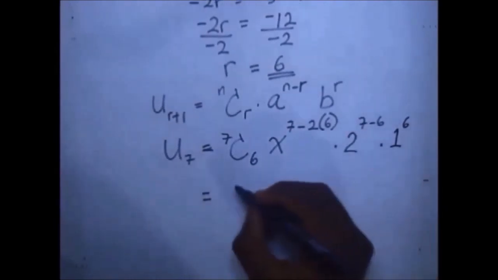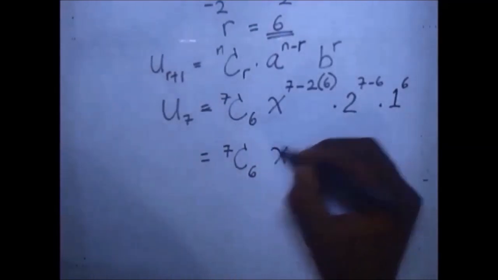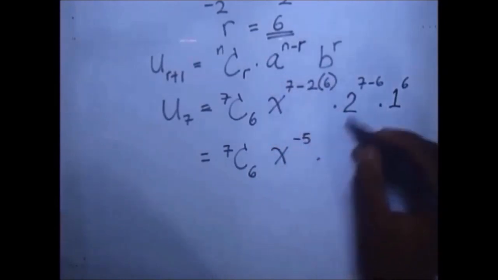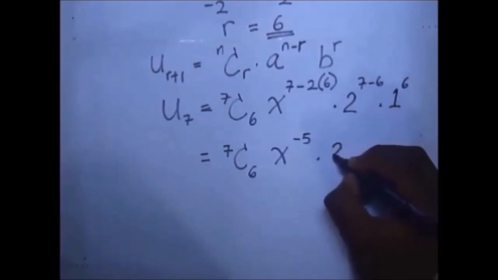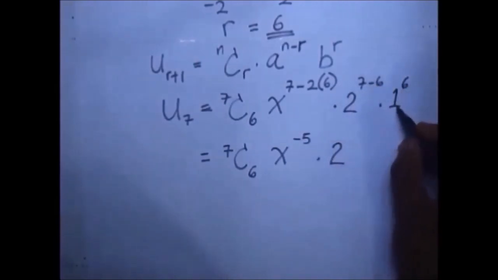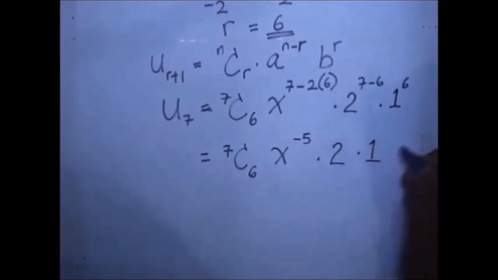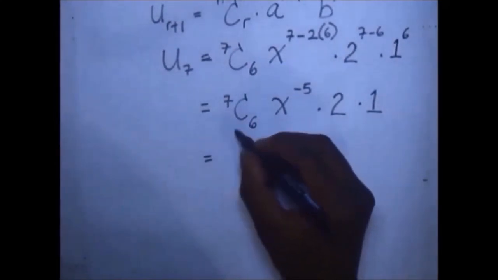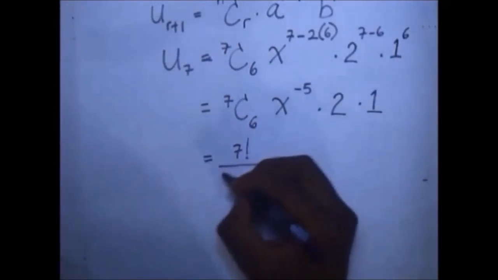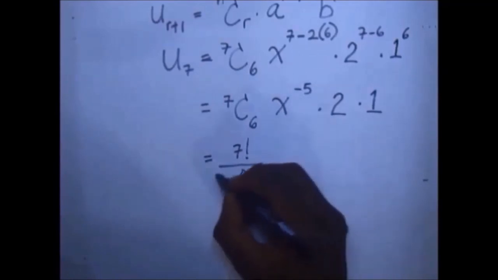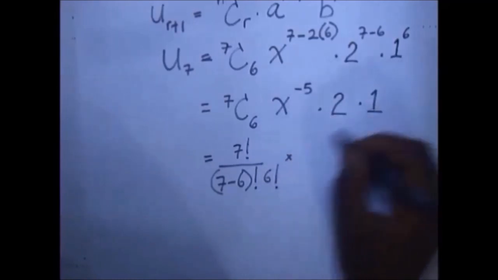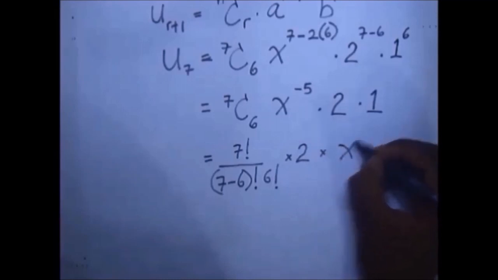So that is going to become 7 combination 6, multiplied by x to the power negative 5, times 2 to the power 7 minus 6, that is 2 to the power 1, times 1 to the power 6, which is 1. So the answer is 7 factorial over 7 minus 6 factorial times 6 factorial, times 2, times x to the power negative 5.